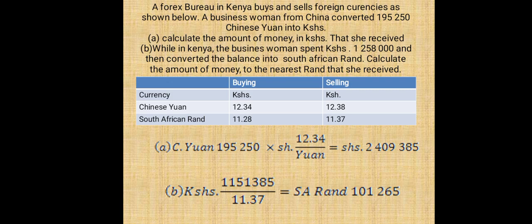Now, after spending 1,258,000, she remained with 1,151,385 shillings. Converting that to rands at a rate of 11.37, she got 101,265 rands, South African rand.